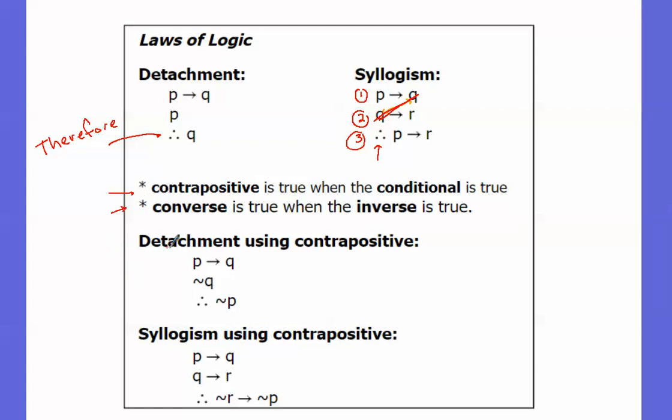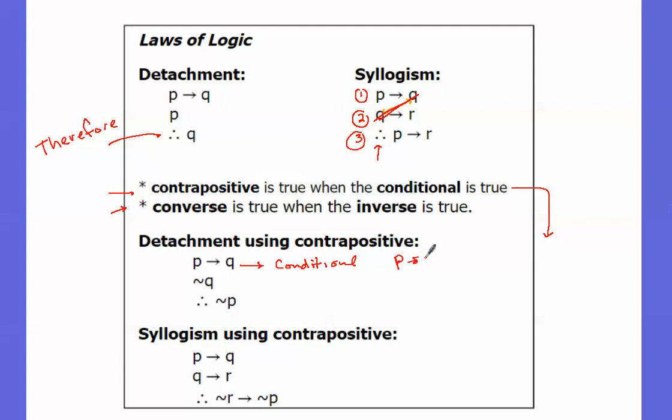This is an example of a detachment using a contrapositive. If P, then Q. Not Q. Well, remember, the contrapositive is true when the conditional is true. Here you have a conditional statement, which means also you have a contrapositive statement which is true.